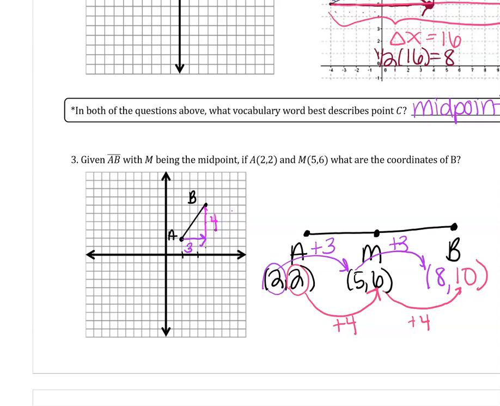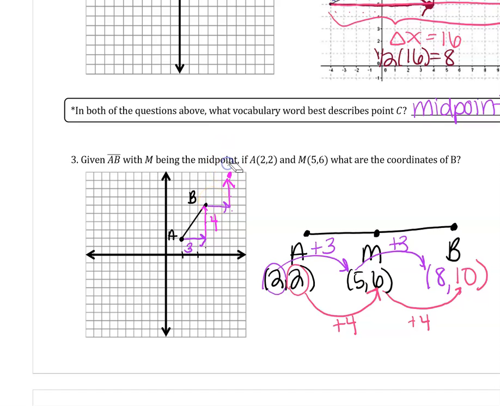So then the middle of that would be repeating that same process. If I go right 1, 2, 3, and then up 1, 2, 3, 4, which is really just using translation. So this is all coming together.